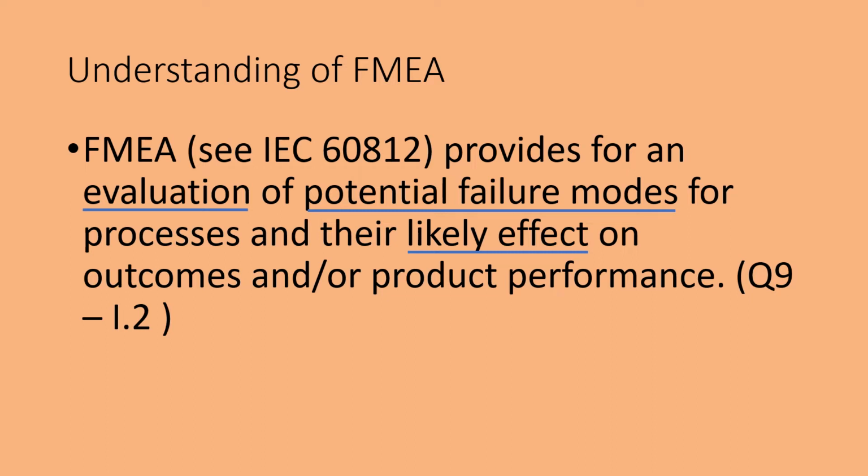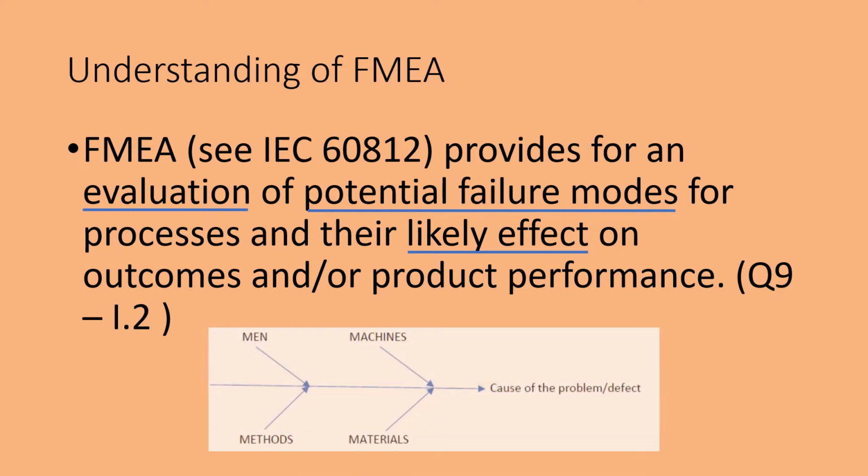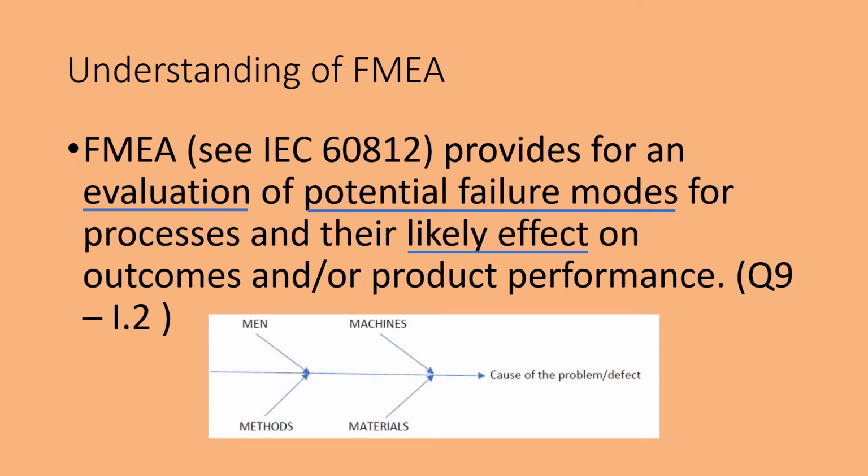So you have to initiate a fishbone diagram with men, machines, materials, methods as inputs basically. This is a simple fish skeleton design with problems merging into the spine and moving towards its head as the cause of the problem.